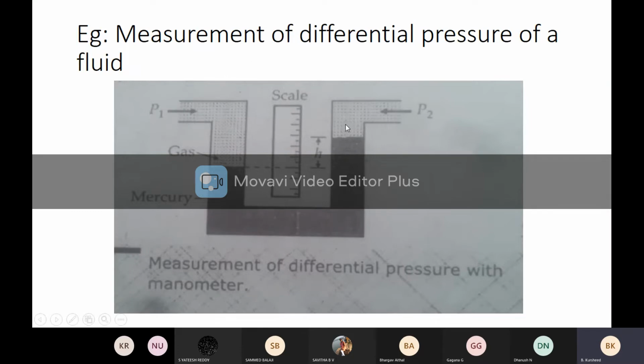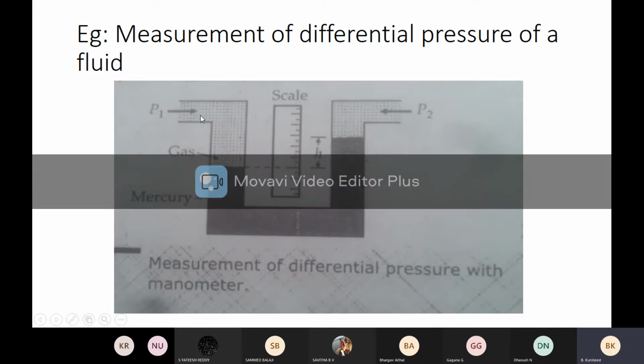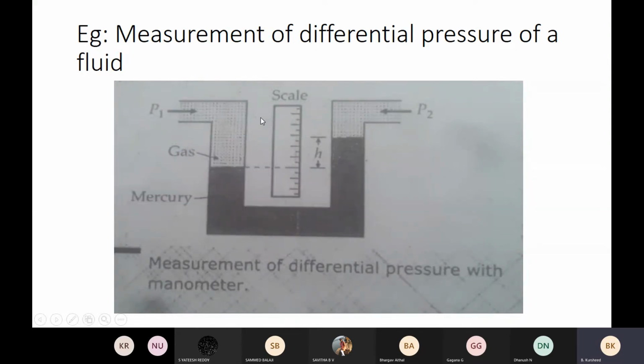If P1 is more than P2, the mercury level is pushed more on one side and raised on the other. If P1 equals P2, the levels will be the same, so P1 minus P2 gives a height of 0.